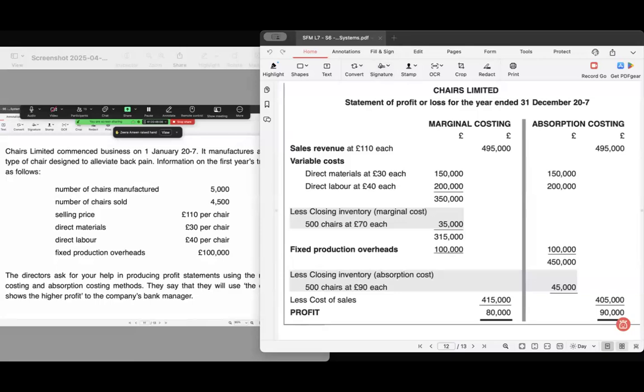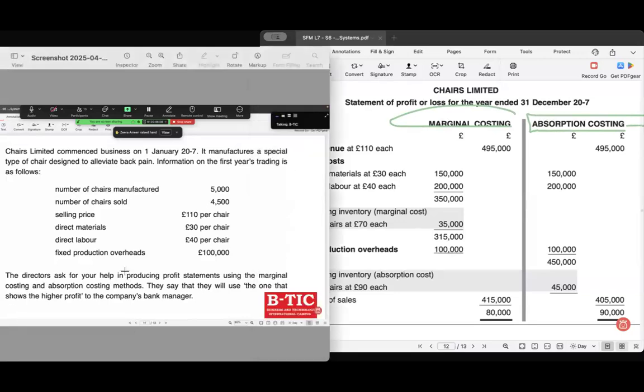Right. So here we have sales revenue. Here we have two columns, which are marginal costing and absorption costing. So we're going to find both ways because the directors want you to calculate the profit statements using both methods, marginal and absorption costing.